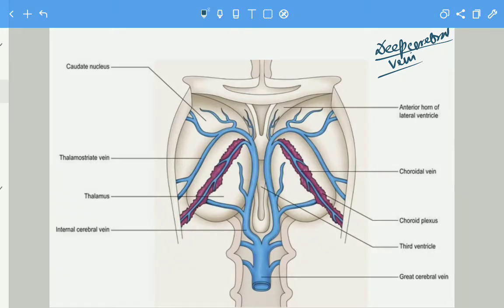The first one is the internal cerebral veins.